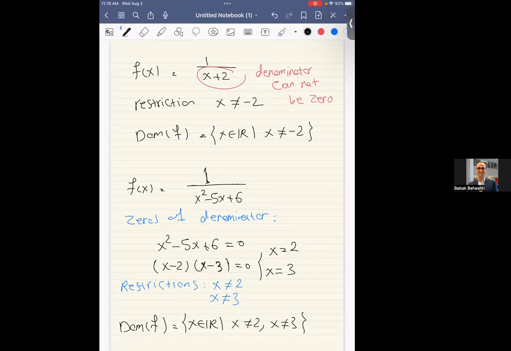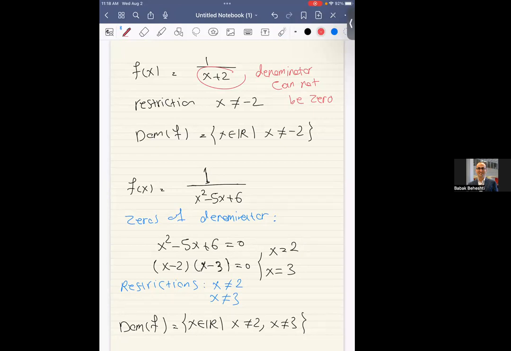And if you want to show this in terms of a union of intervals of numbers, let me first look at the example on the top, f of x equal to 1 over x plus 2. The domain is everything but -2. If you want to show this as a union of intervals, you have all numbers except -2.